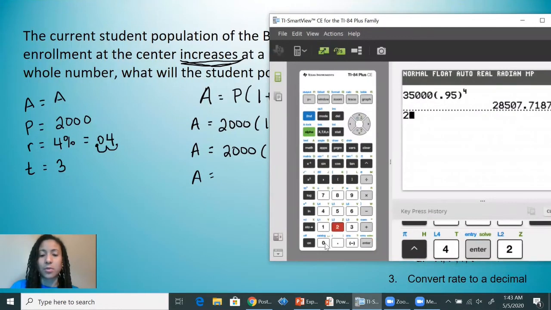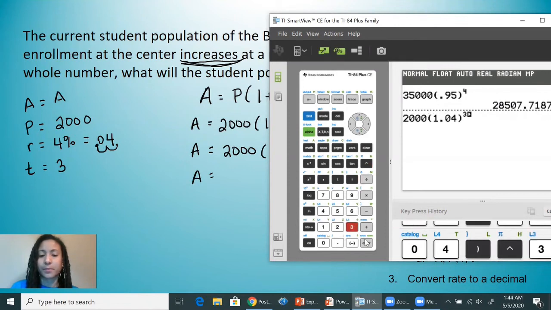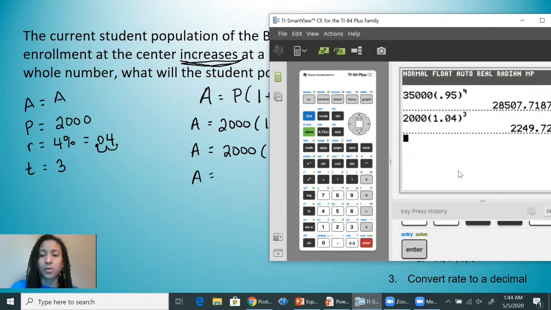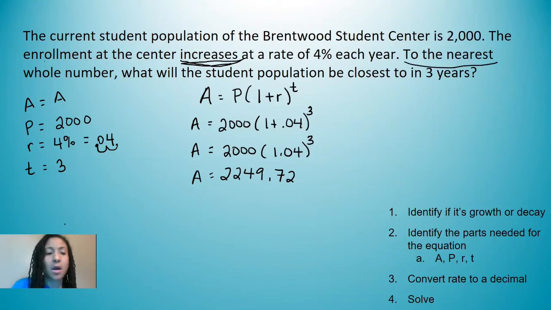We have 2,000 times 1.04 to the third, and we have 2249.72. But the question says we want to do it to the nearest whole number.